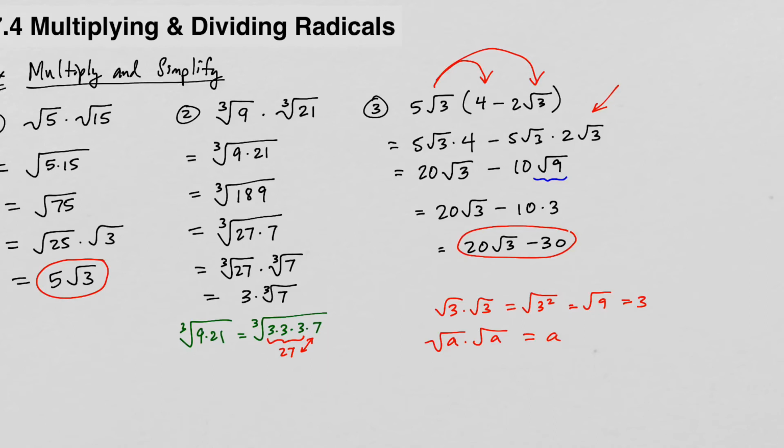And so, for example, if you have radical 17 times radical 17, that's just going to be 17. And so that's a useful shortcut, because if you know that shortcut, you don't have to take this extra step in between. We could have just said radical 3 times radical 3 is 3. So it's up to you, but I encourage you to take that shortcut.